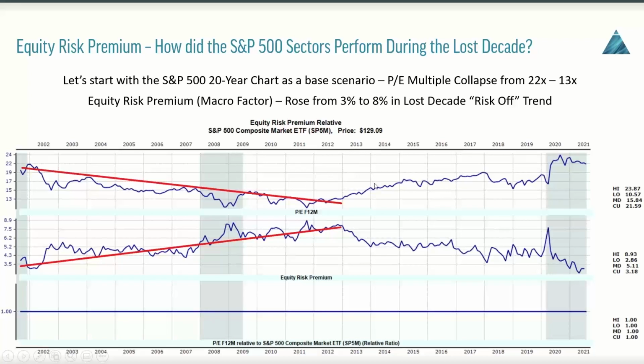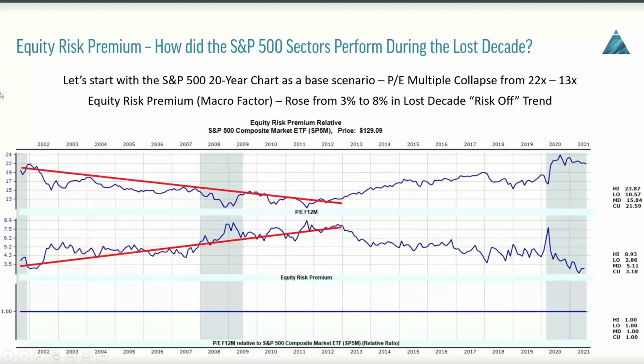Again, this is the format of charts that we'll use to just quickly bump through all of the 11 sectors in the S&P 500. And what I want everyone to understand here is, again, that really strong correlation. Recall from the interactive chart and the regression that we ran in prior webinars that equity risk premium is able to explain roughly 73% of the movement in the S&P 500 PEF12M.